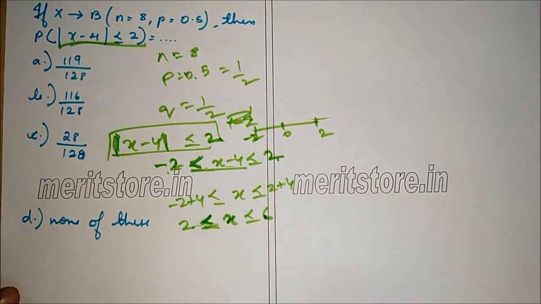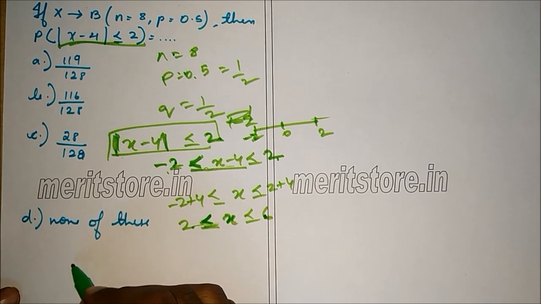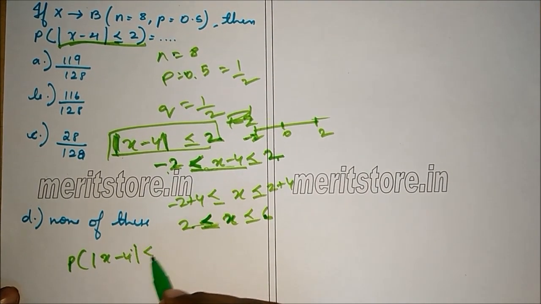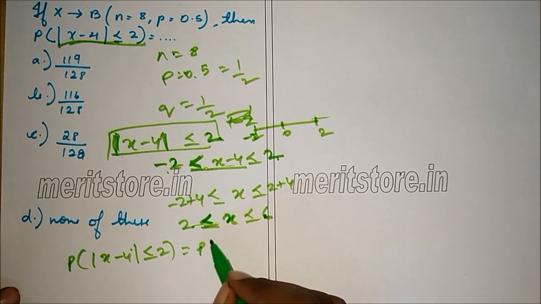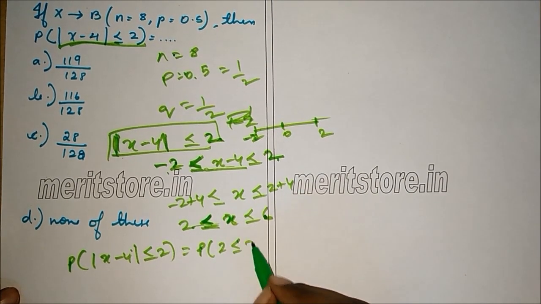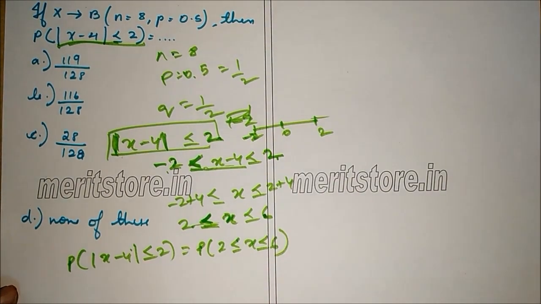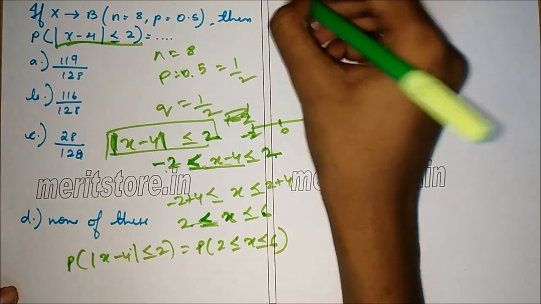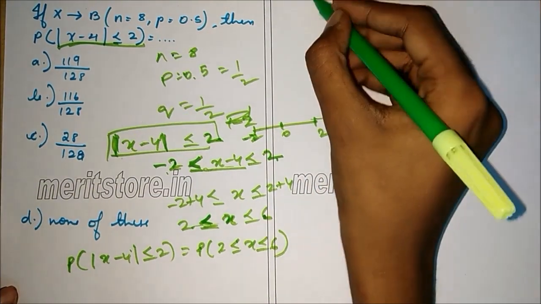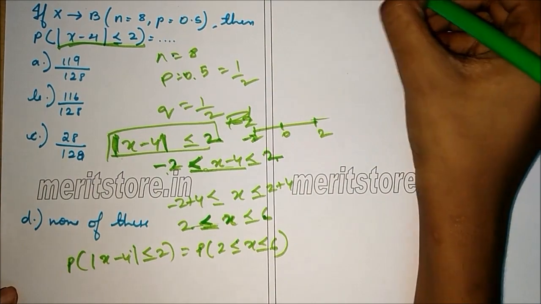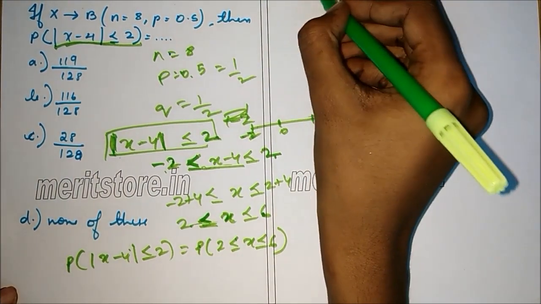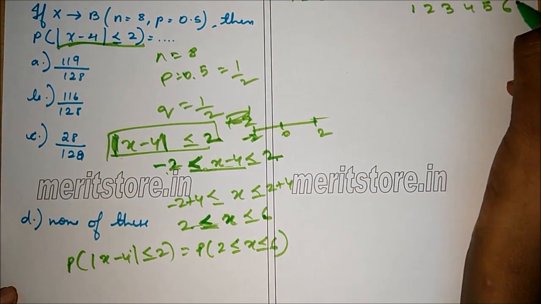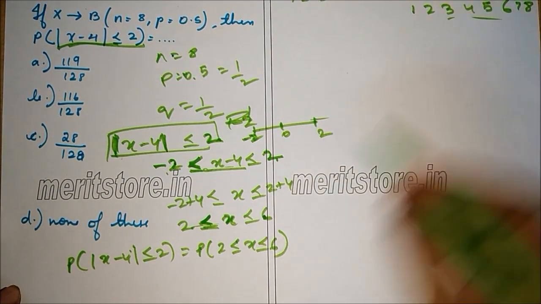So we found a probability range. We can say P of mod of x minus 4 less than or equal to 2 is equal to P of 2 less than or equal to x less than or equal to 6. So n is 8, so there are 8 trials.